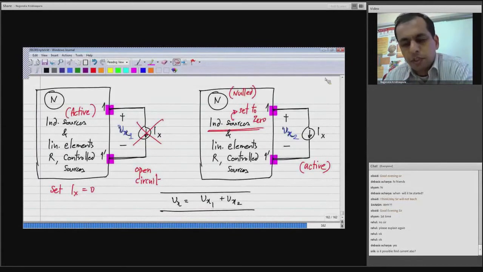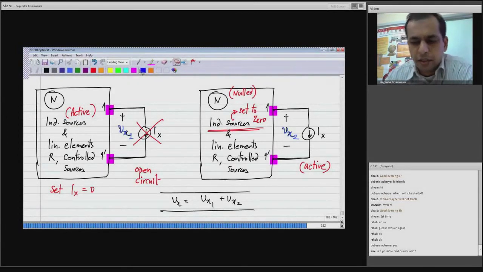One of the questions is whether it is possible to find a current instead of that voltage. Yes, it is very much possible, it's not a problem at all.